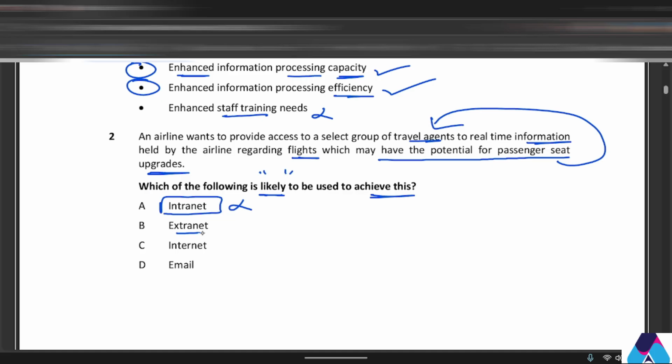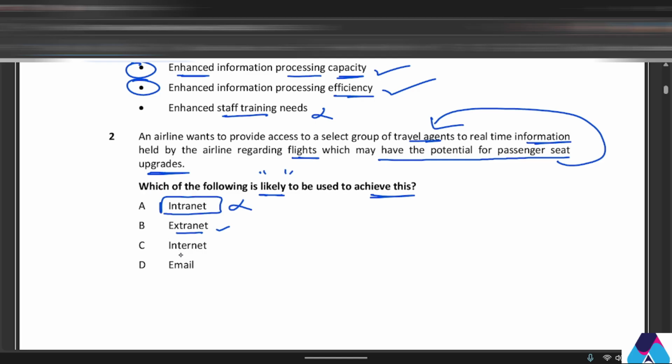Therefore, when we talk about extranet, this can be an option because travel agents are an external party, number one, and number two, the company wants to share the data with them, so they are the trusted external parties, right? So therefore extranet can be an option. Okay, I'm not saying this is the answer. Let's look at the other options that we have.